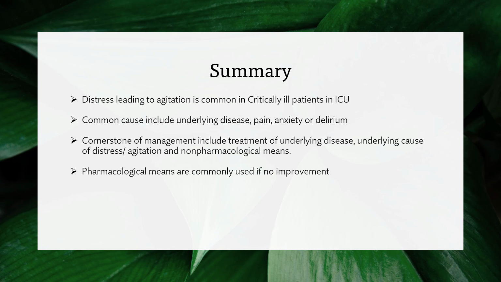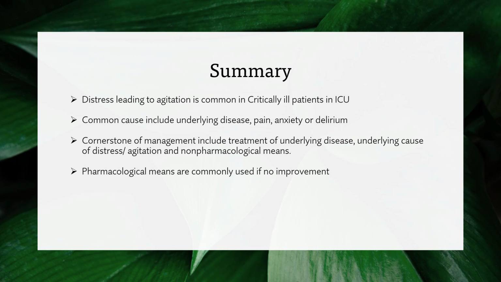So to summarize, distress leading to agitation is common in critically ill patients in ICU, and the common causes include underlying disease or its symptoms like drug withdrawal or alcohol withdrawal, hypoxia, dyspnea or shock, and the presence of pain. In addition to underlying cause and/or symptoms, pain, anxiety or delirium is an important contributor.